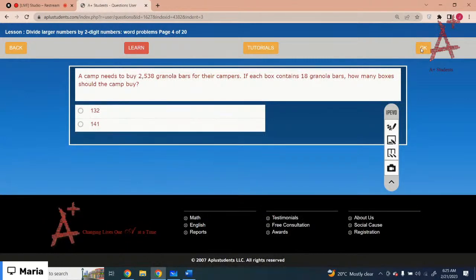Okay, the next one is a camp needs to buy 2,538 granola bars for their campers. If each box contains 18 granola bars, how many boxes should the camp buy? You have to divide 2,538 by 18. Let me think. 18 times 1 is 18.